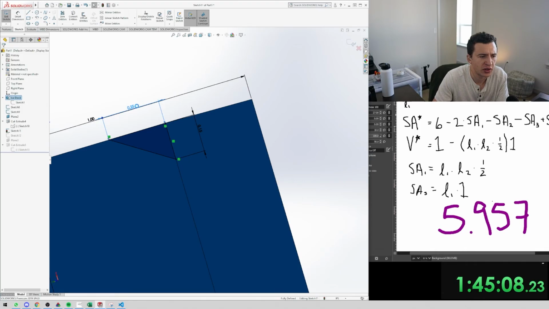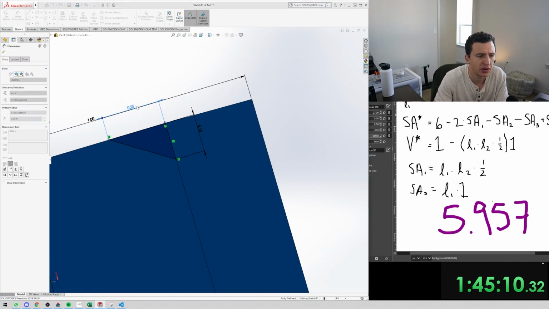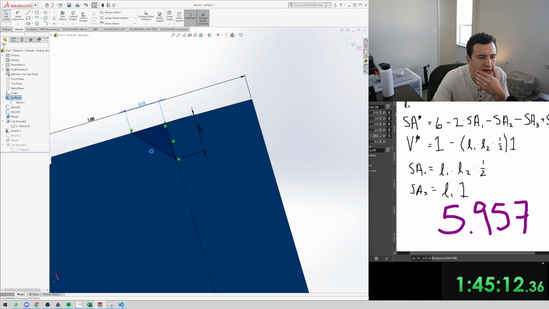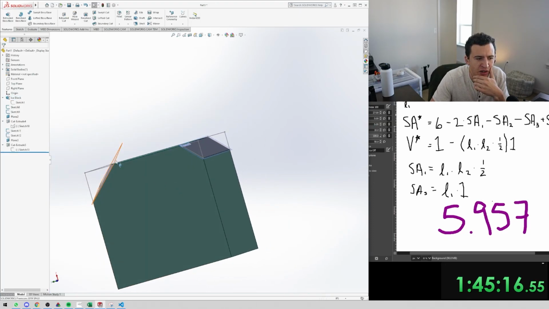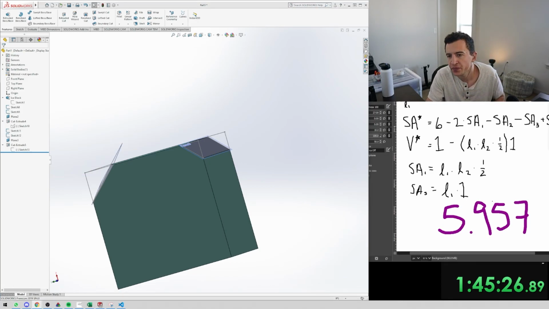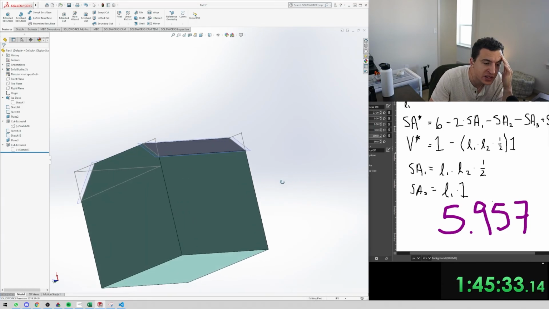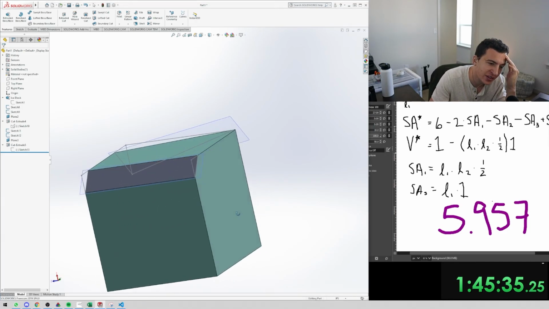And so if we make these both 0.15, that gave us the best surface area to volume ratio, assuming that this cut wasn't there. And so that's the best 2-corner cut solution. The unfortunate part is now we got to do 3 corners. Gosh darn it.